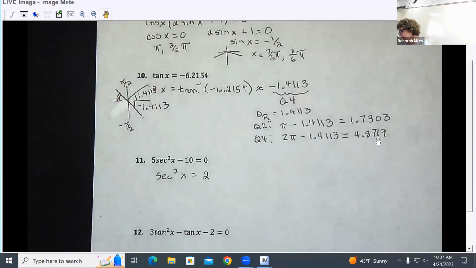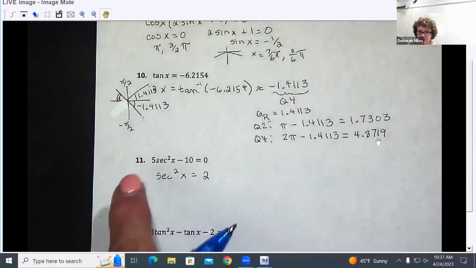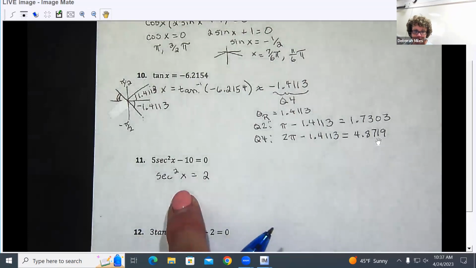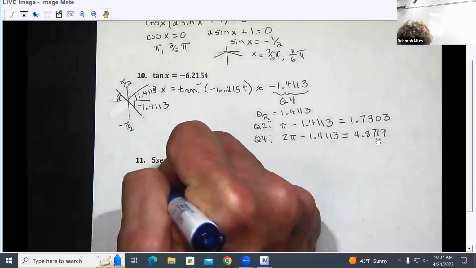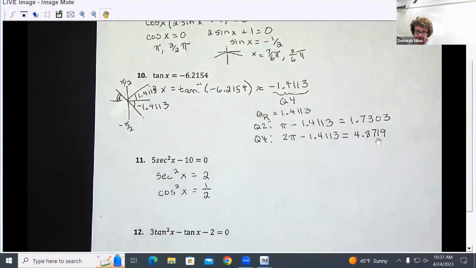Now, if I wanted to keep working with secant, I could say secant square is 2 and think about where secant is 2 in one revolution of the unit circle. I think my brain would like that better if it were in terms of cosine. I could see it better. So I'm going to say if secant square is 2, then cosine square is the reciprocal of 2. Cosine square is a half.